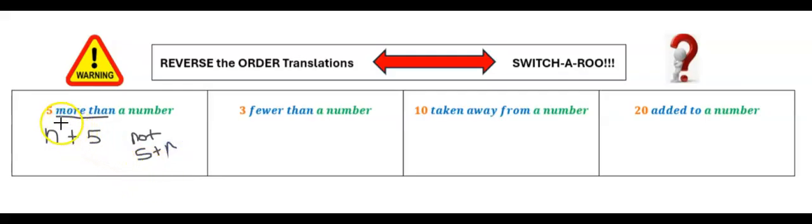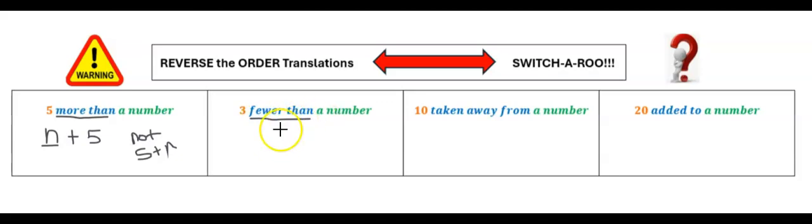So you have to recognize that it makes sense that to have 5 more than something, we need to have something first. We need to have an amount to start with, and then we have to go up 5 from there. We need to go up 5 from our start amount, n. This one, 3 fewer than a number. So similar to the more than, this says fewer than. And in order to know how much, when we have 3 fewer than something, we have to start with that something.